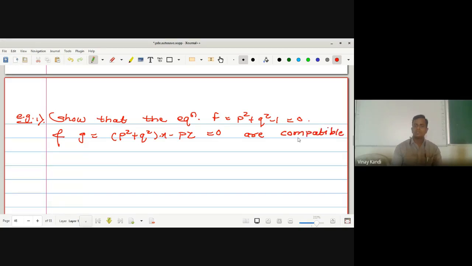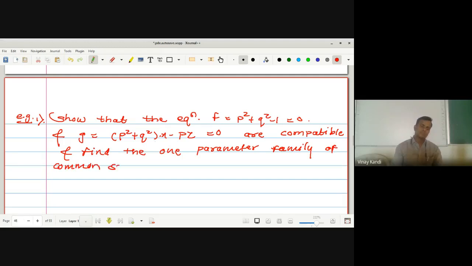So to show that these two equations are compatible, and find the one parameter family of common solution. Now look at this. What is given to us?